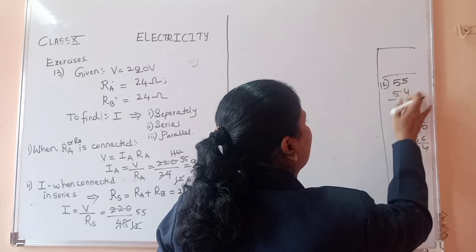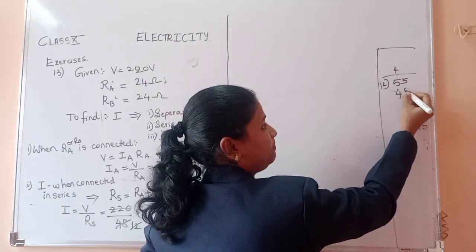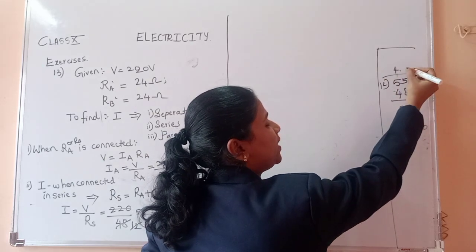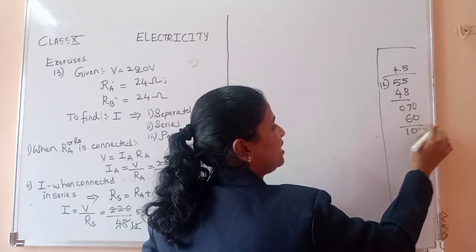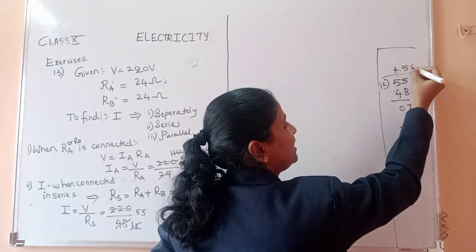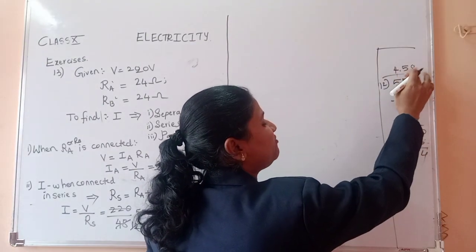So you will get around 12 fours are 48, right? So we will get 7.0. 12 fives are 60. So 10, again 0. 12 8s are 96. So you will get 4.58.